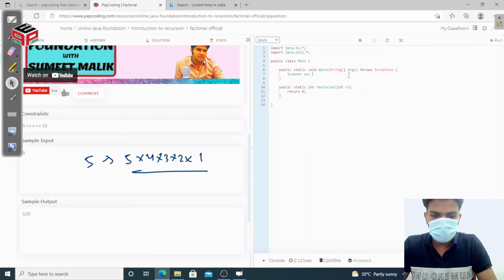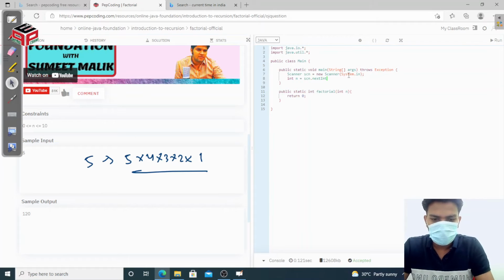You just take an integer value using Scanner with System.in, and then call factorial n, and we store this result so that we can print it.